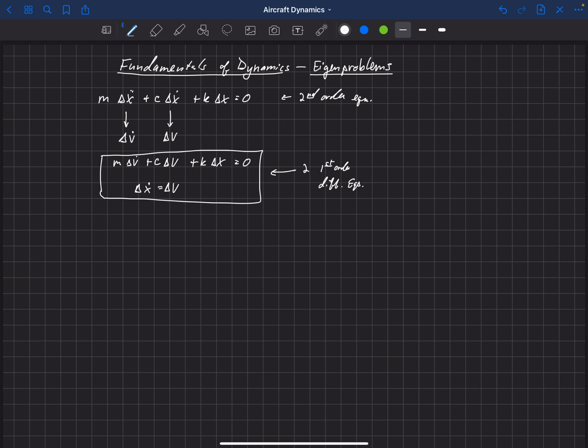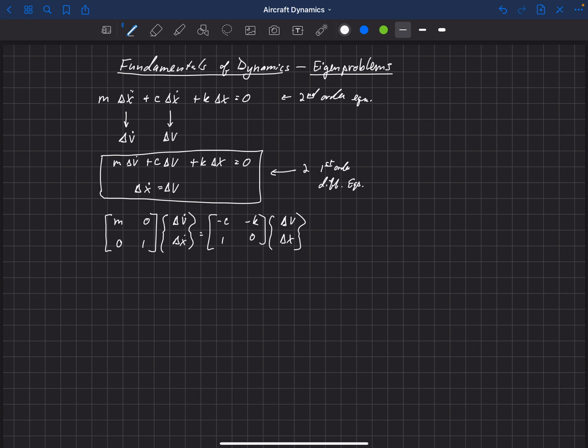And now I can rewrite this, I'm just going to rearrange it so it looks like this. So we're going to have things multiplied by delta v dot and delta x dot, and that's equal to some things that are multiplied by delta v and delta x.